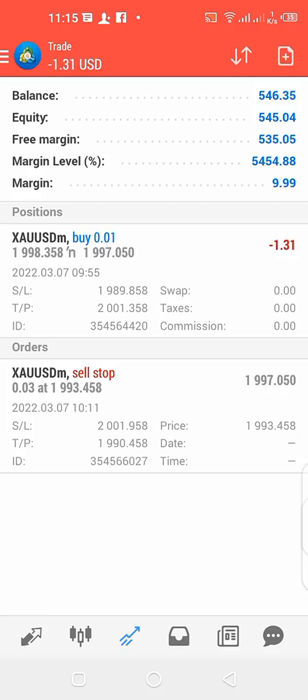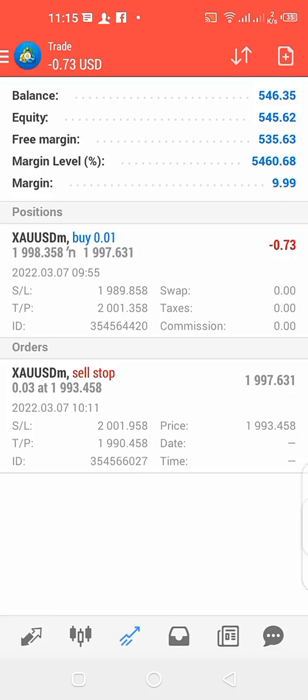So I still have my buy trade running. I have a pending order, the first edge trade pending order, sell stop 0.03, ready to respond to this buy trade. Initially, I had two trades, a sell and a buy trade, in line with the ultra evasive Grail Hedge strategy.